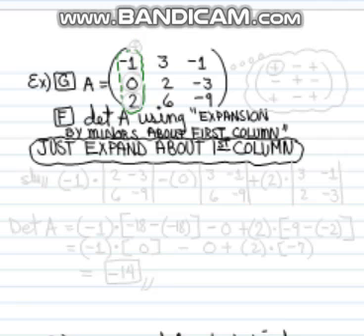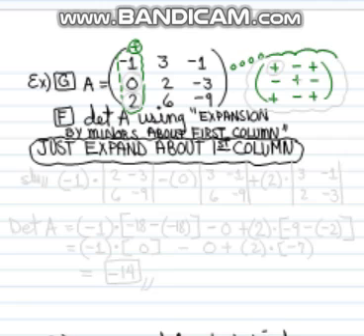And we have to remember that each one of these positions has a positive or negative sign assigned to it. The thing to remember is that the first upper left corner position is a positive. If I had to outline the signs assigned to each of the positions: the first column is a plus down below a minus down below a plus, the next column is a negative down below a positive down below a negative, and the last column is a positive down below a negative down below a positive.